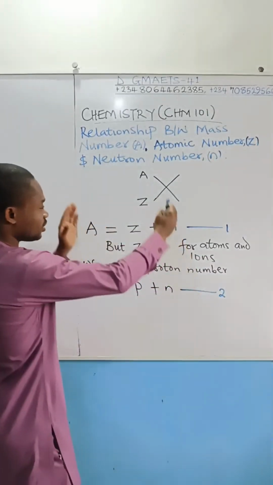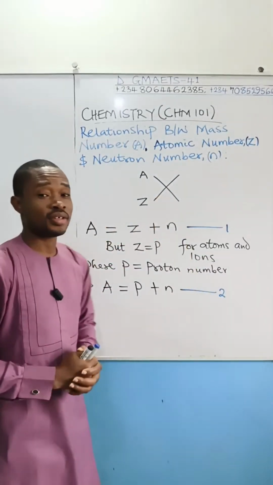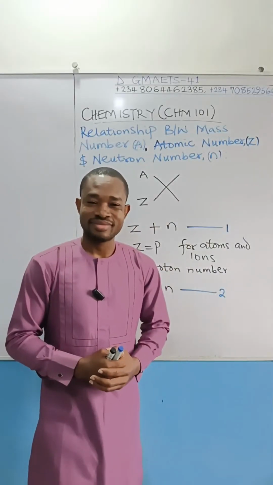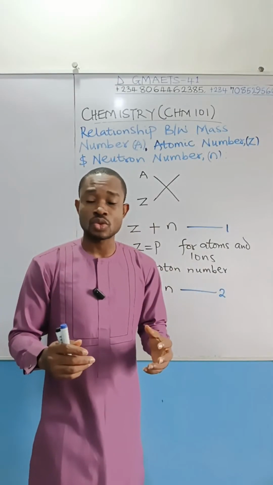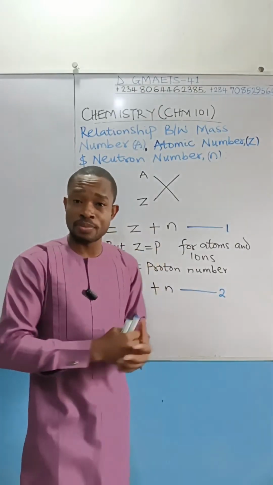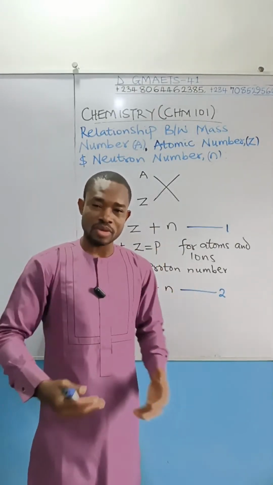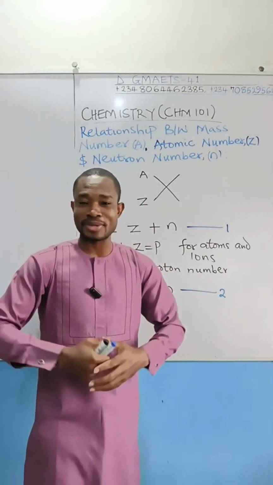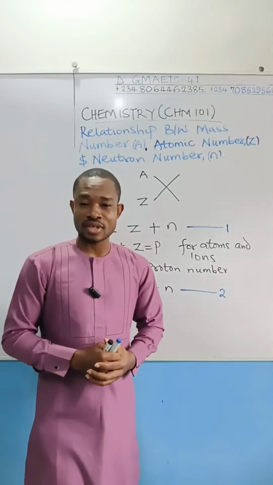But if you look at the board, there is nothing about electrons here. But I want to bring in electrons. What should you know about electrons with respect to the relationship we have on the board? So we are going to write a formula that can cover up for electrons. We'll bring in electrons.